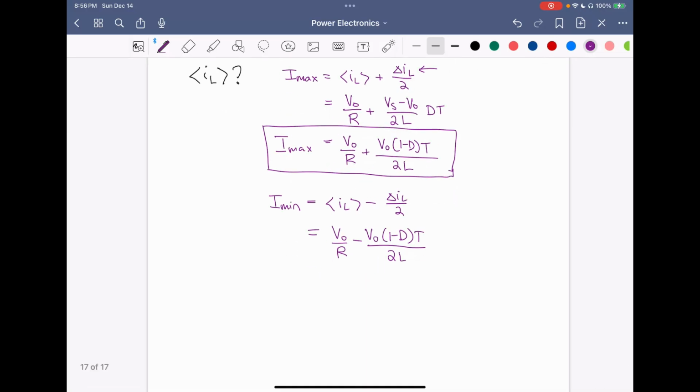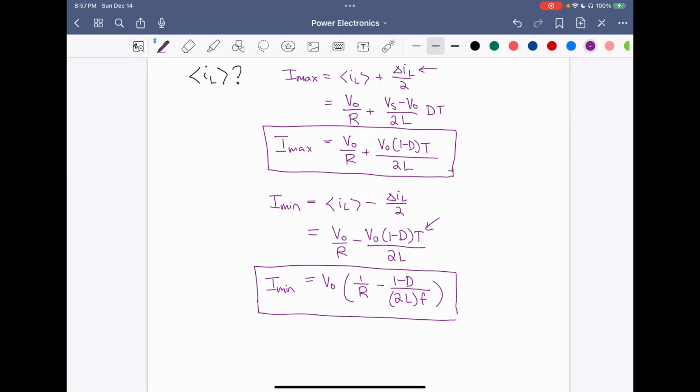And we can just maybe factor out the output voltage to simplify things a little bit more. And we have the expression here. And one more thing, the t, which is the period, can just be expressed as 1 over the switching frequency f. So this is our expression for I min.